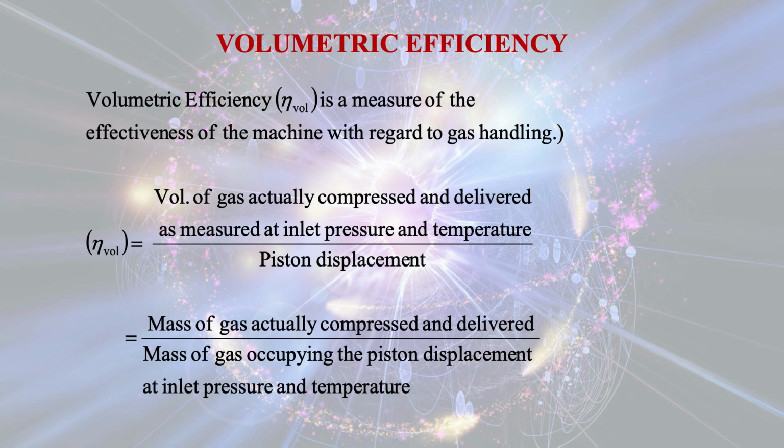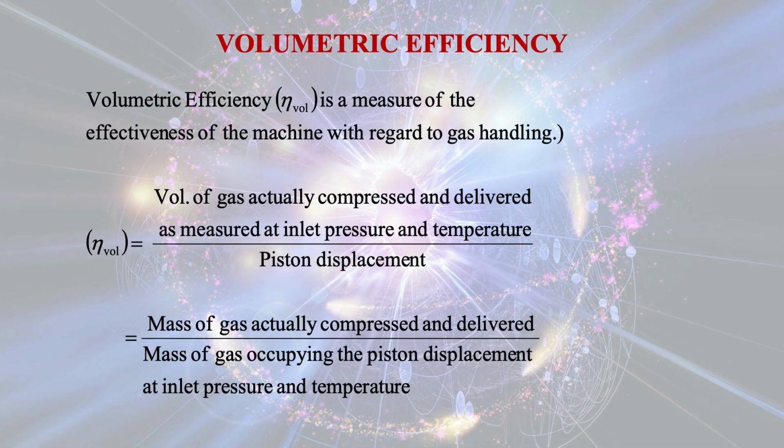Now we will discuss the volumetric efficiency of a compressor. Volumetric efficiency is a measure of the effectiveness of the machine with regard to gas handling. So, volumetric efficiency is equal to volume of gas actually compressed and delivered, as measured at inlet pressure and temperature, divided by piston displacement.